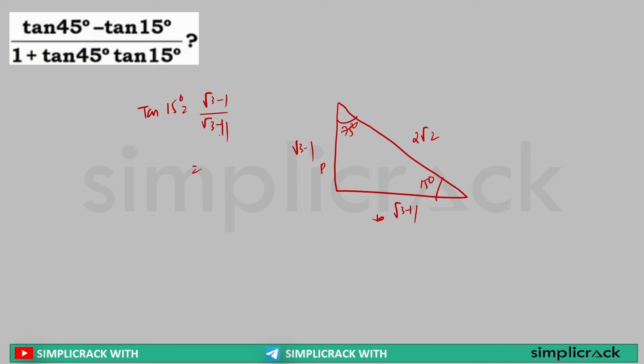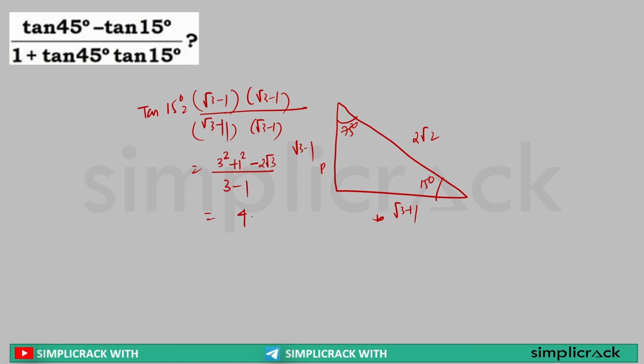Now, how to solve it? Sir, very simple. If I multiply root 3 minus 1 on the denominator and in the numerator, it will be root 3 minus 1 whole square divided by root 3 plus 1 into root 3 minus 1, that is (A plus B) into (A minus B), which is A square minus B square. A square is equal to 3, B square is equal to 1. The numerator will be (A minus B) whole square, that is A square plus B square minus 2AB.